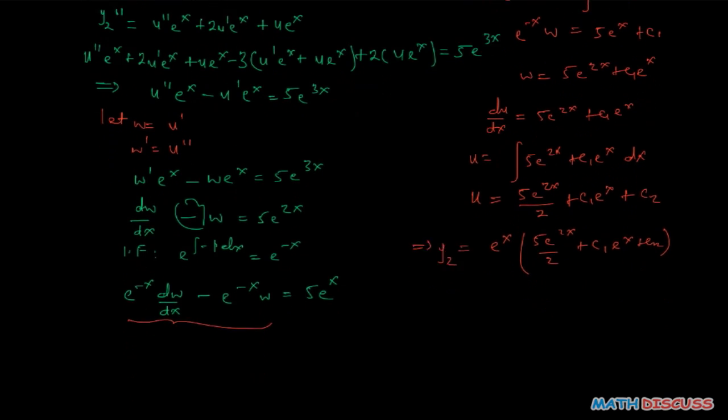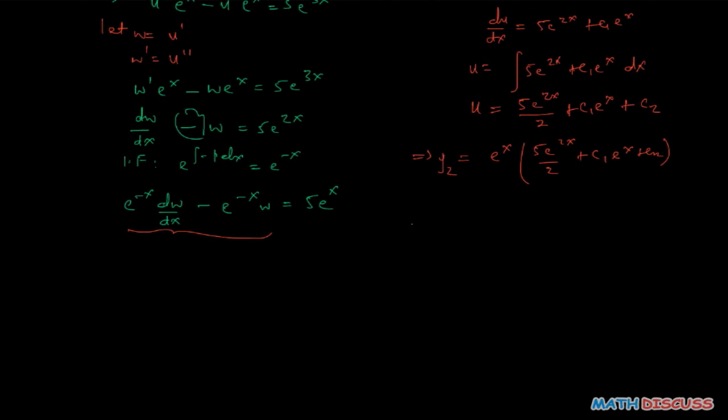So this is what we have for our y2. And then if we expand this, you have y2 equals e to the power x times this. So that gives us 5e to the power 3x divided by 2 plus c1 e to the power 2x plus c2 e to the power x.